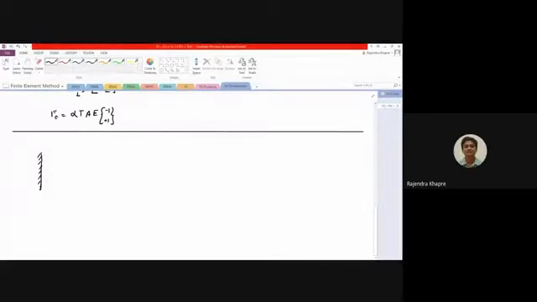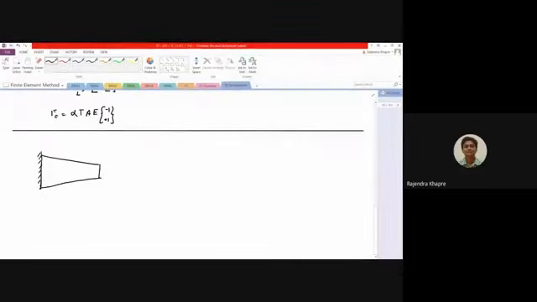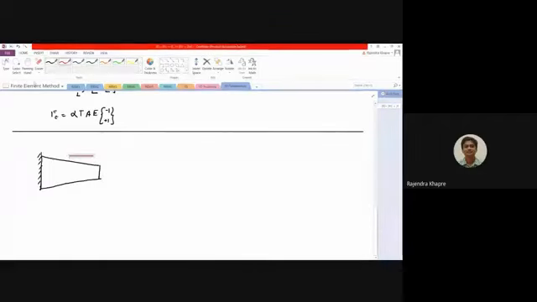So we have a shape which is something like this. And at the center, let me draw a line over here. At the center, somewhere over here, I have a point which is like this.